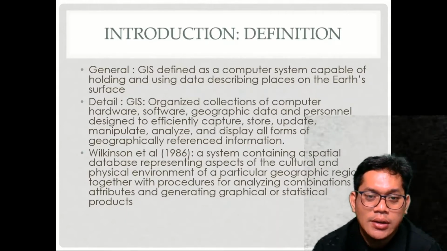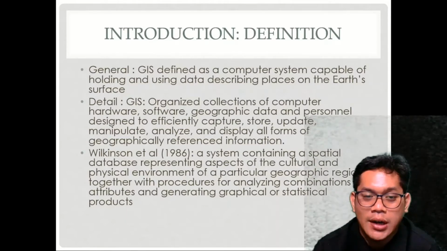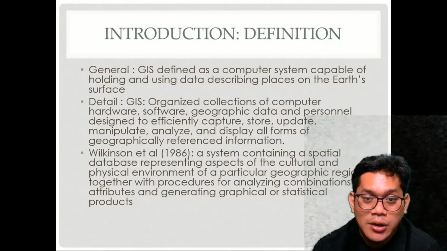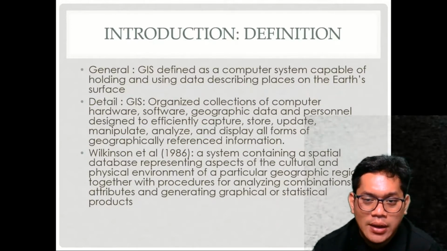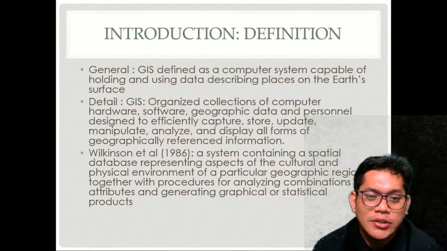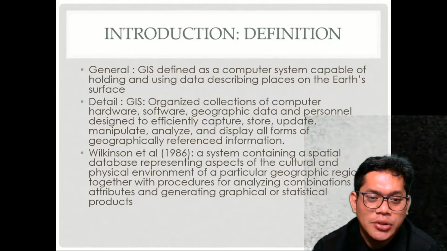So in detail, it is an organized collection of computer hardware. It must have hardware, a good, fast computer, software which is GIS, and many more, geographic data, and personnel designed to efficiently capture, store, update, manipulate, and analyze, as well as to display all forms of geographically referenced information.